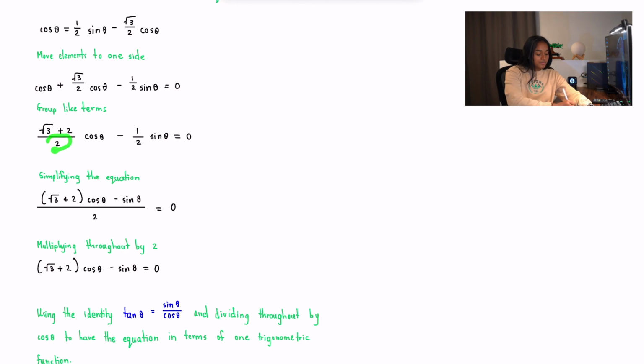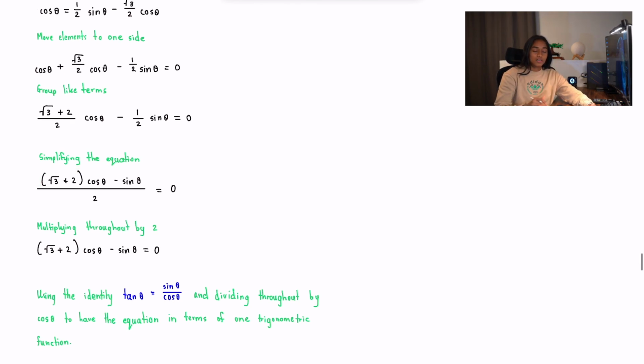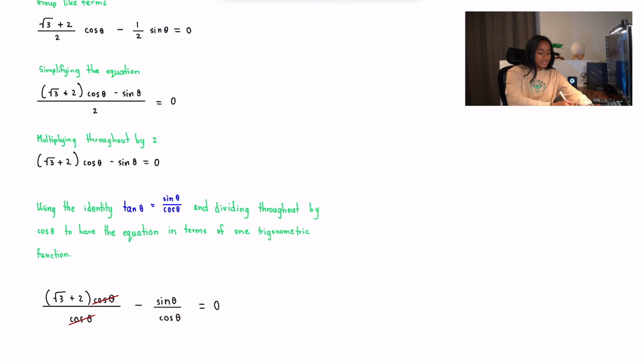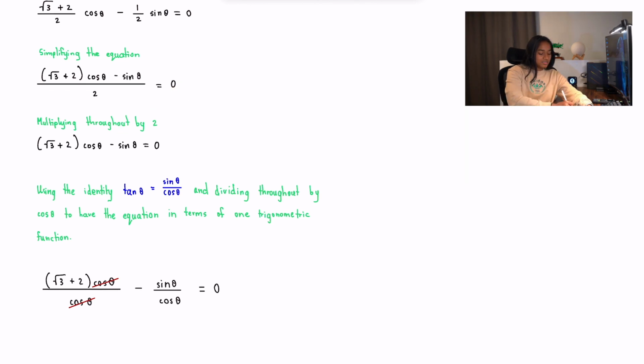We can now simplify the equation, noticing that there is a denominator of 2, and we put it into all one term now. So notice how it's getting much simpler in the end, right? And the main goal is to actually get it into one trig function, which you'll see how we're going to do that now. So after multiplying throughout by 2, we will get this. So cos and sine.